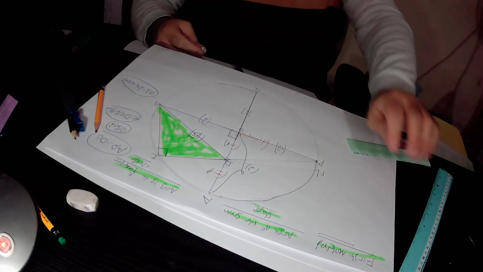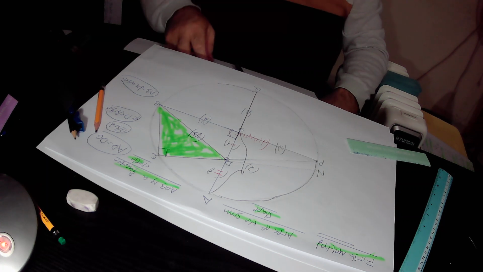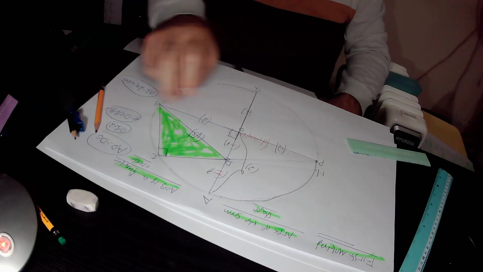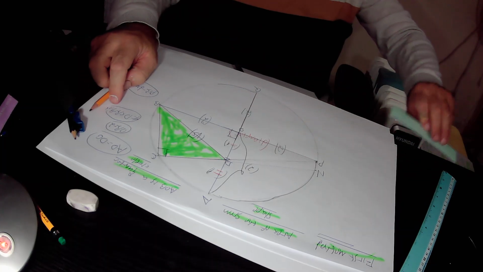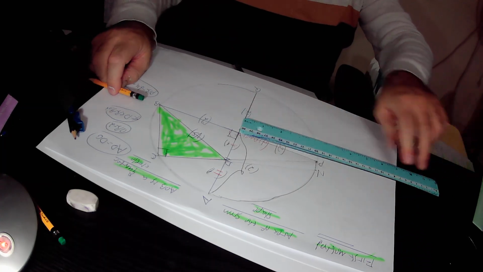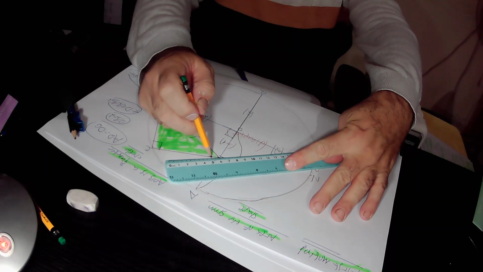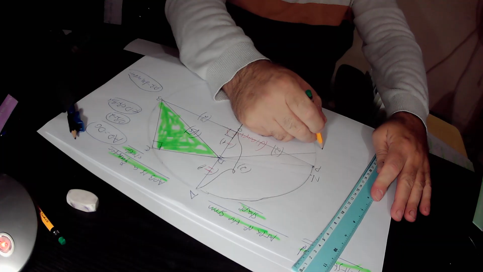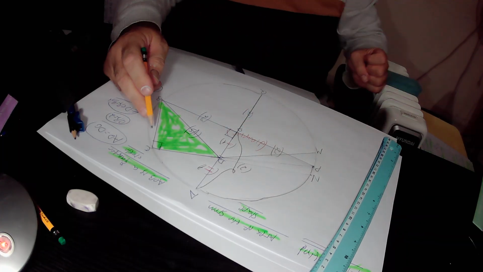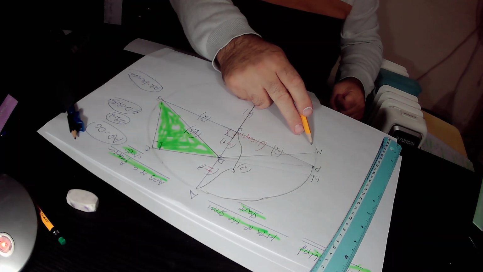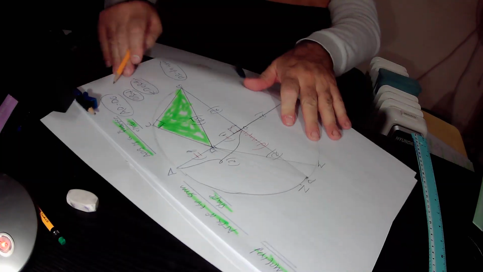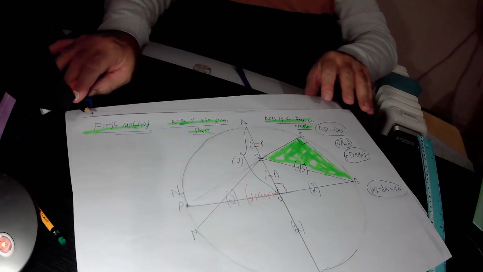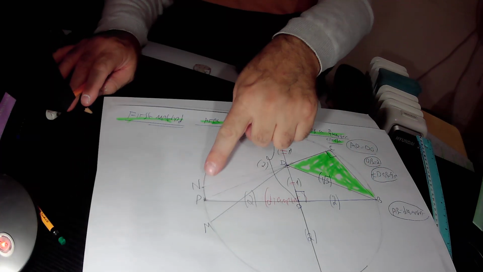In the next step, we will assume that the extended side CD will touch the circle at this point M. So according to our assumption, we have here triangle BCM.